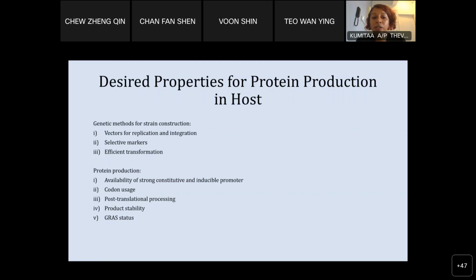Post-translational processing or modification is very different across all the different systems. So again, depending on what you're trying to express and its structure and function, you should select a different expression system. Product stability, which is related to number 3, and GRAS status, so is something safe or not for protein production.